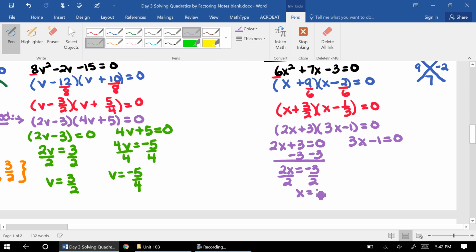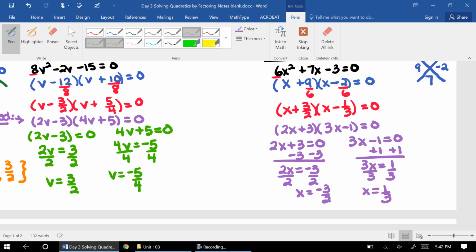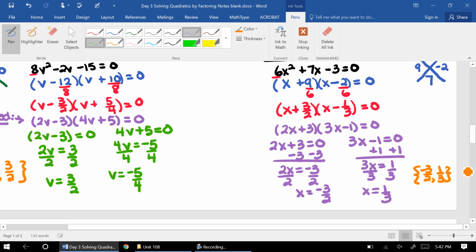So x equals negative 3 halves. Add 1 to both sides and divide by 3. So x equals 1/3. So my solutions are negative 3 halves, comma, 1/3.